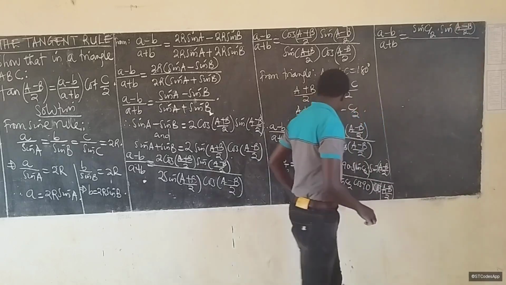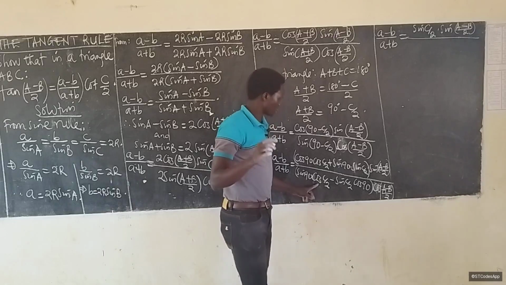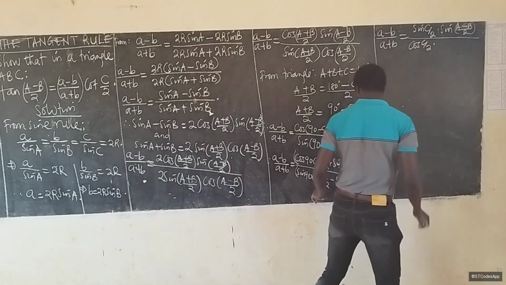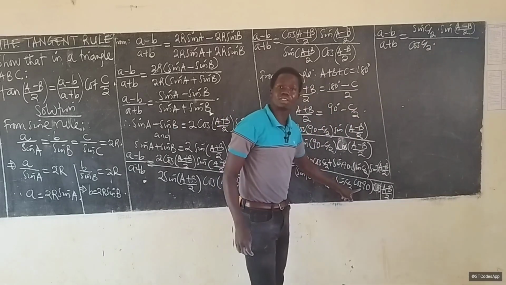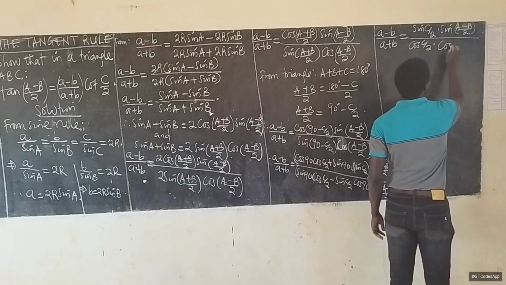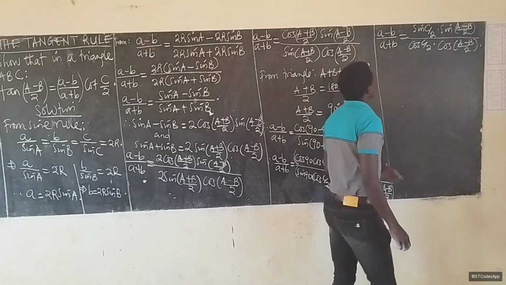Down here, sine of 90 is 1. This makes me have the cosine of C out of 2. Then cosine of 90 is 0. That makes the whole of this side 0. And then we shall have cosine of (A minus B) out of 2.